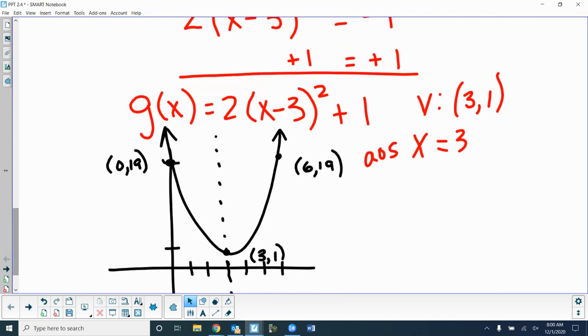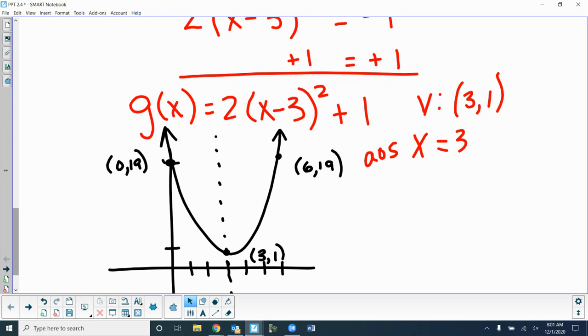The way I get this 6, 19, all right, is look at this axis of symmetry. How far is the y-intercept from my axis of symmetry? How many spots? You see 3 spots there, don't you? I'm 3 spots away from the y-axis, right?